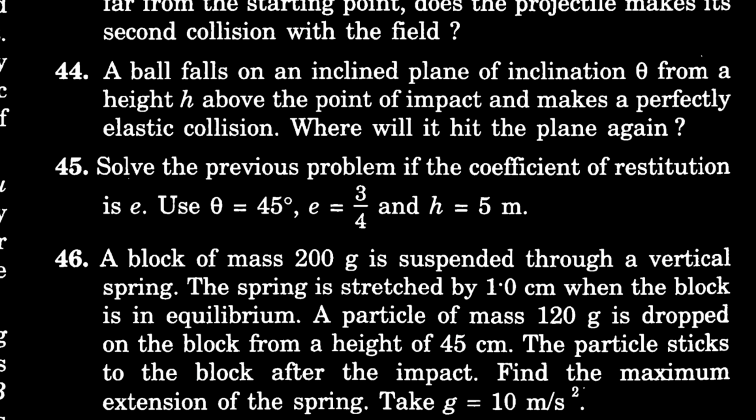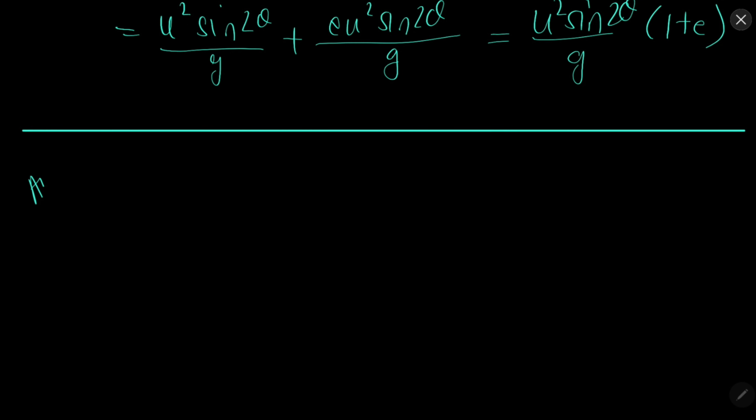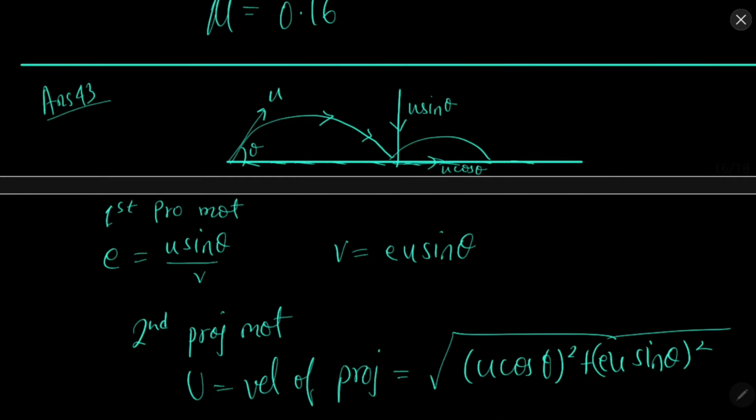In question 44, a ball falls on an inclined plane. Where will it hit the plane again? So this is solution 44. So in this question, there is this type of motion like this.